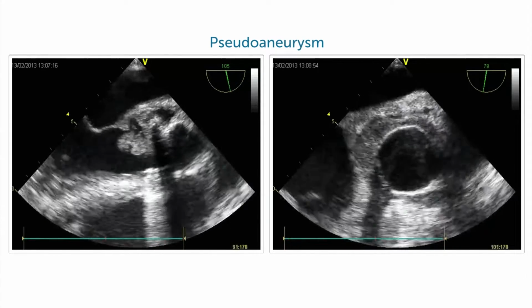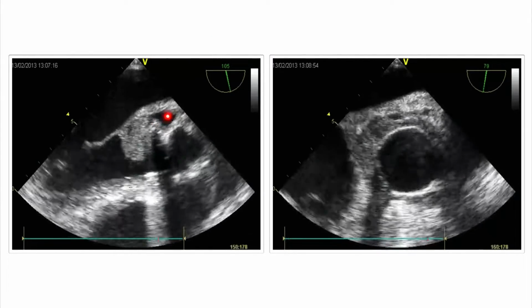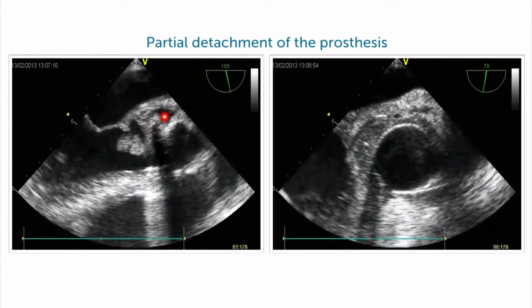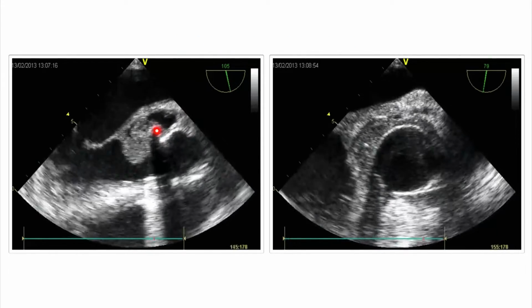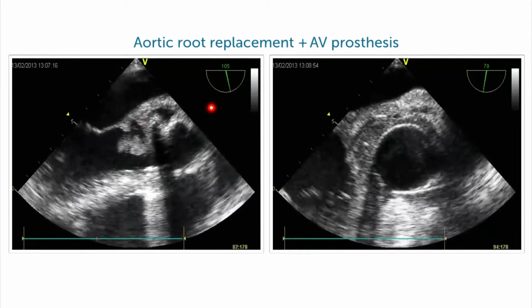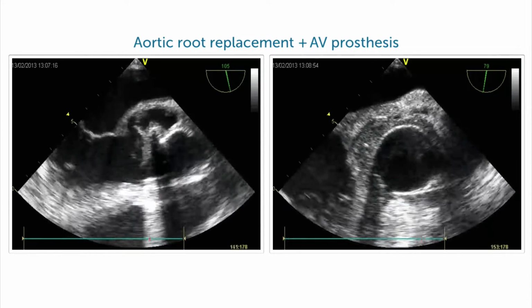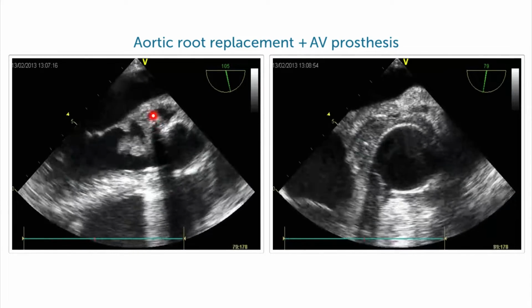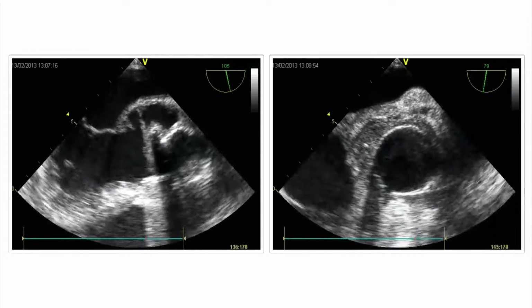This shows that the TEE study provides additional information. We see that there's partial detachment of the prosthesis here. Now remember, this is a combined aortic root replacement with a valve. So this is actually the tube of the aorta here that you see, and this is the prosthesis which is kind of detached here. So a very severe form of endocarditis.